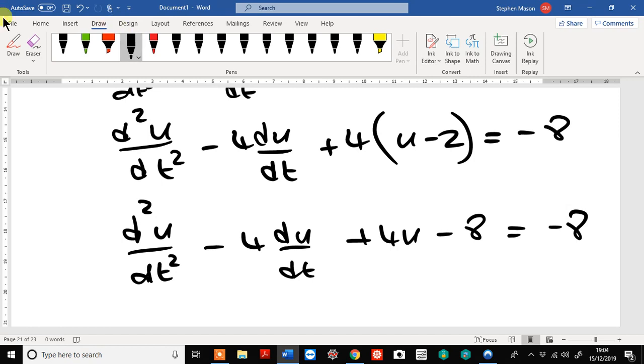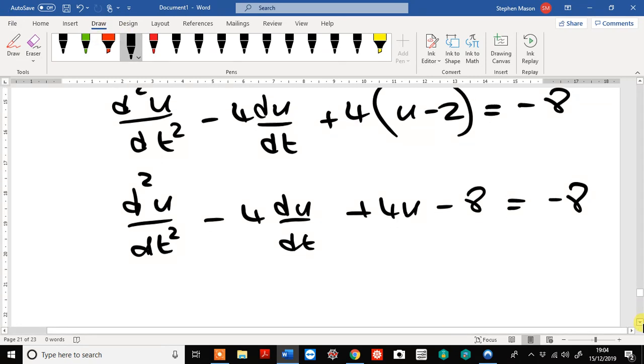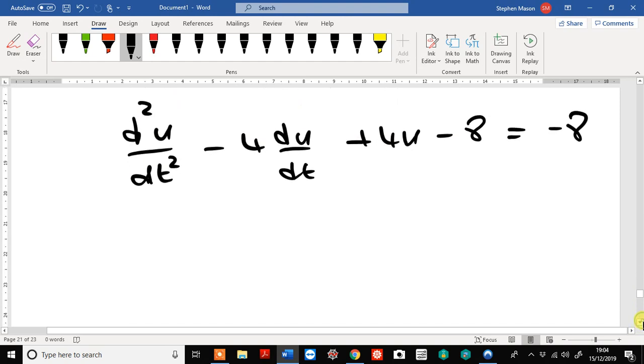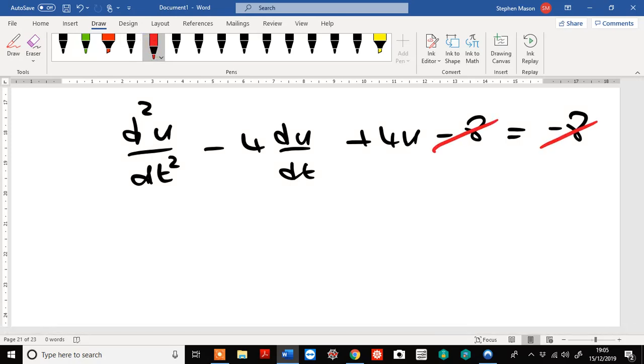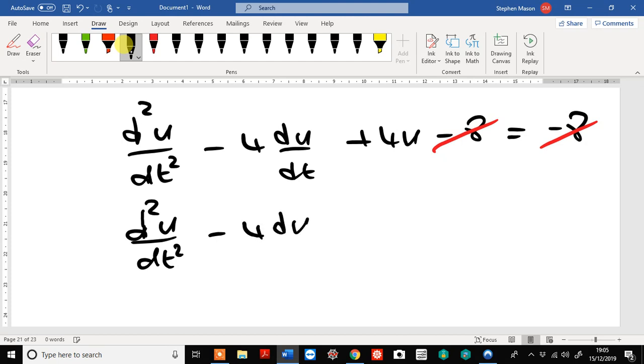And straight away we can see that it looks like our substitution does work, because the minus 8 cancels. It's equivalent to adding 8 to both sides. So what we now have is d squared u by dt squared minus 4 du by dt plus 4u equals 0.